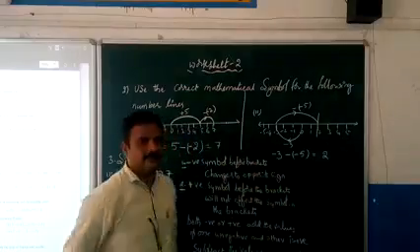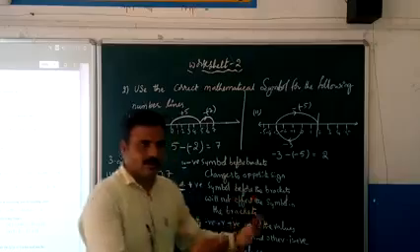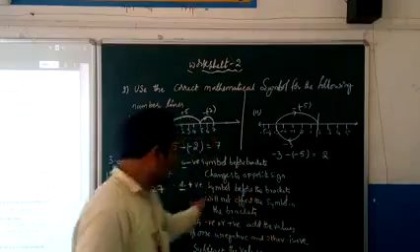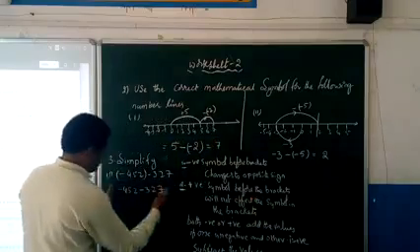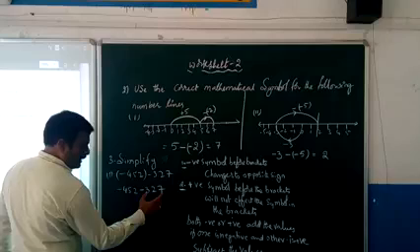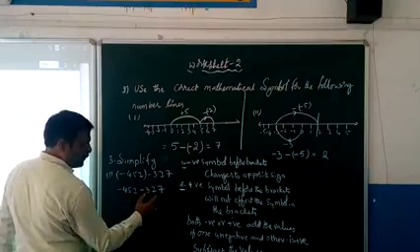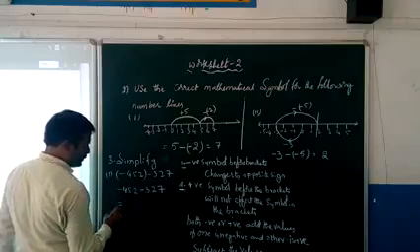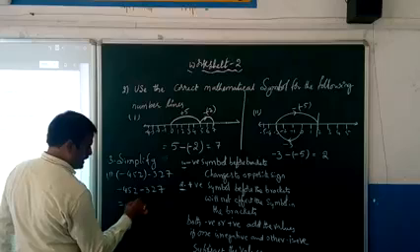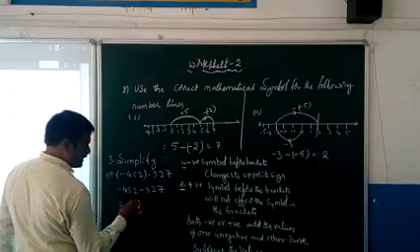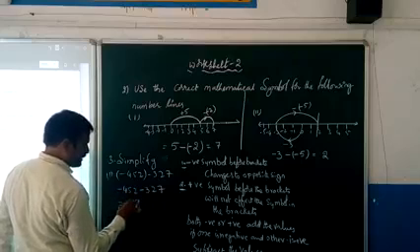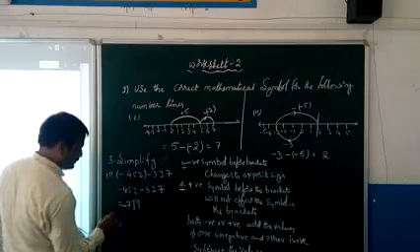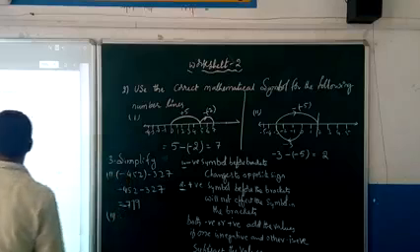Whether both of them are negative, both positive, or one negative and one positive, you assign the sign of the greater value. Coming to here, both of them are negative, so 452 and 327, add up the values. So 7 plus 2 is 9, 2 plus 5 is 7, 3 plus 4 is 7, and the symbol is negative.